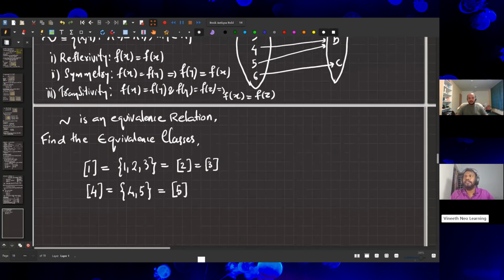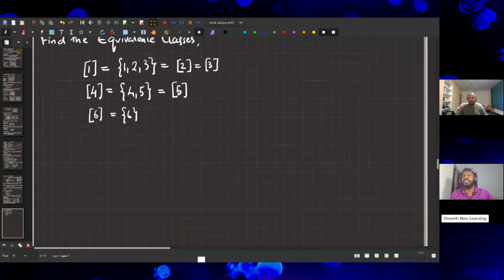Then the equivalence class of 6 is just 6. So what is the quotient of this equivalence relation, meaning what is A mod tilde? We can write it as the equivalence class of 1, the equivalence class of 4, the equivalence class of 6.